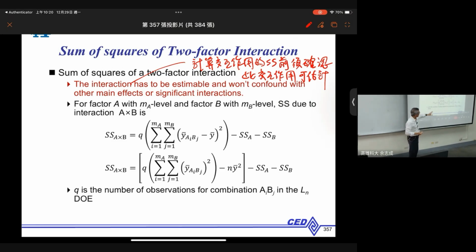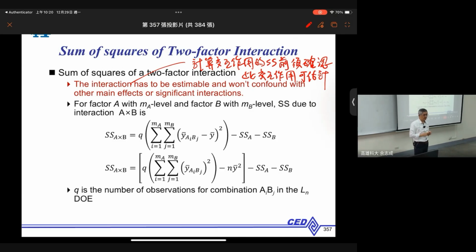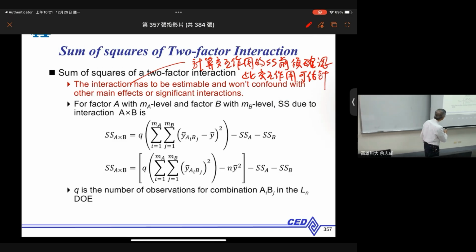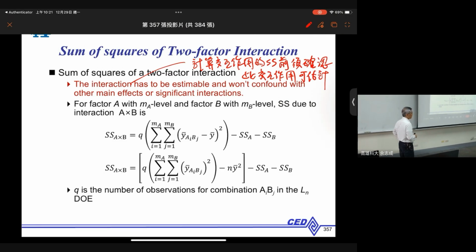Which means that the sum square is mixed with the other confounded effects. So when you estimate the sum square due to A plus B, it doesn't give you a correct number. So before you do the calculation, you have to look at the confounding structures and make sure that your interaction is estimable. Okay, we will show you later.